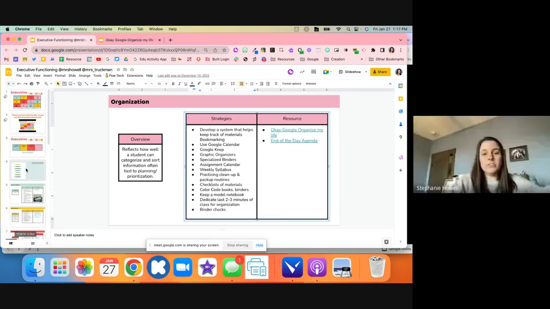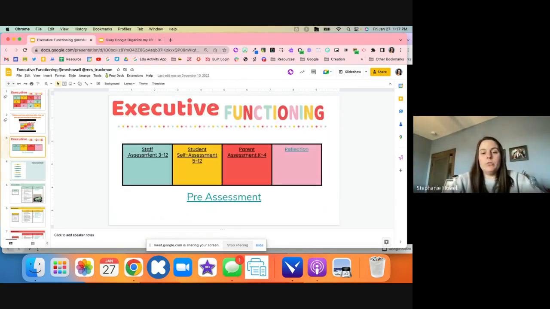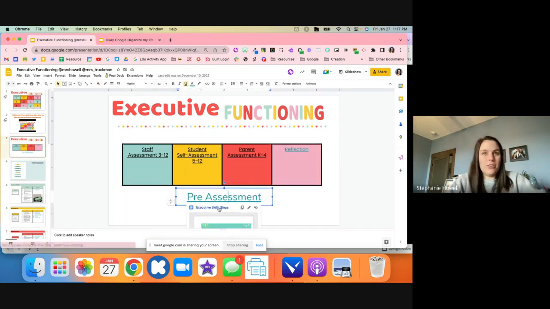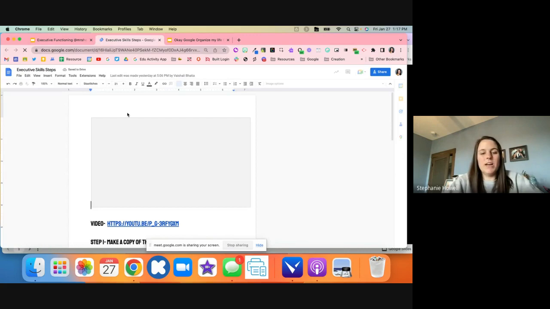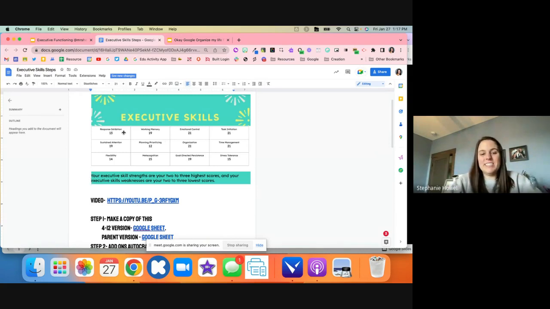Yeah, and so again, you can do that quick one word descriptor that describes that student, or you could use one of these different pre-assessments that have already been made, and there's the directions in this resource as well, where the students take this quick test, and after they take this test, they get their score on executive functioning.